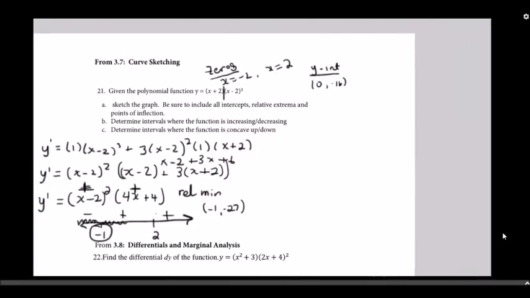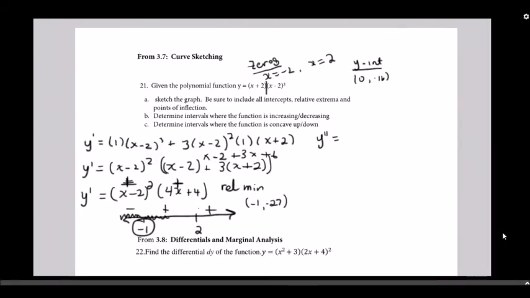Now points of inflection come from the second derivative. So y double prime is, now I'm going to take the derivative of the first derivative here. This is the first derivative.